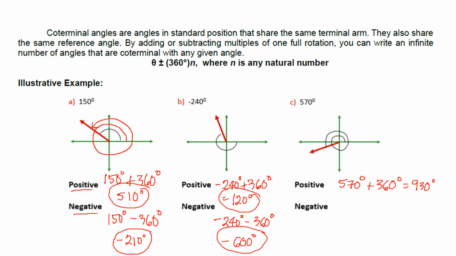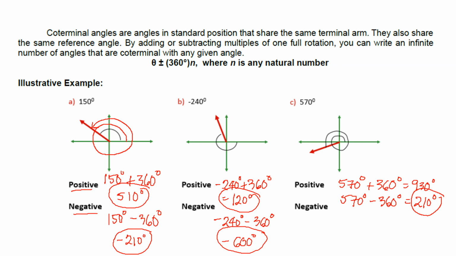If we are looking for the lowest positive, that will be 570 degrees minus 360 degrees. So 570 minus 360 is 210 degrees. This is our positive.